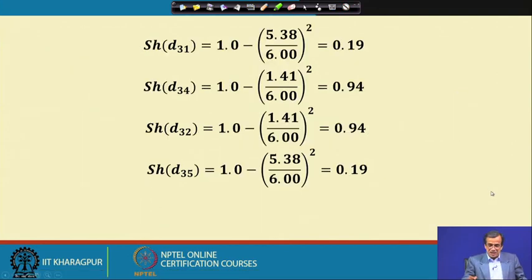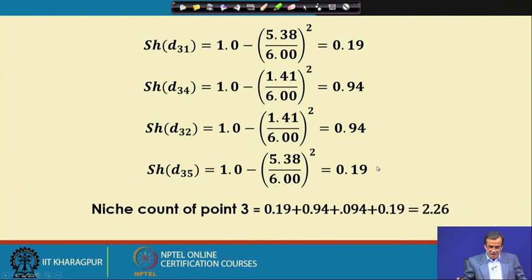The sharing function value I can calculate between 3 and 1 is 0.19, between 3 and 4 it is 0.94, the sharing between 3 and 2 is 0.94, the sharing between 3 and 5 is 0.19, and now I can calculate the niche count for point 3. If you just add all such values, you will be getting 2.26. So, this is the niche count value for point 3.